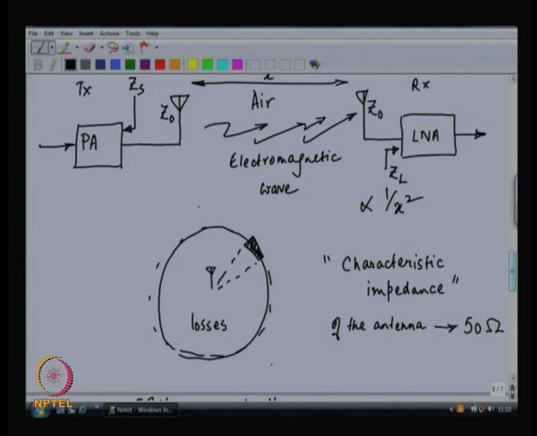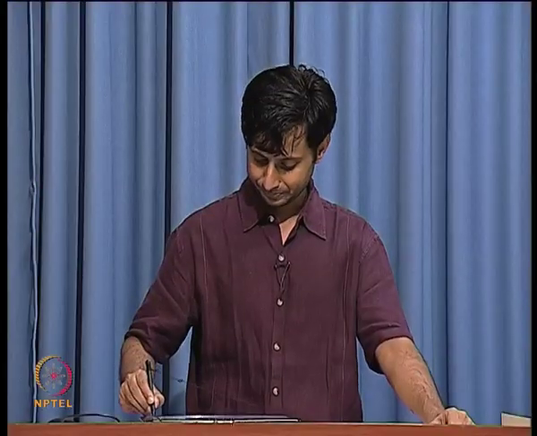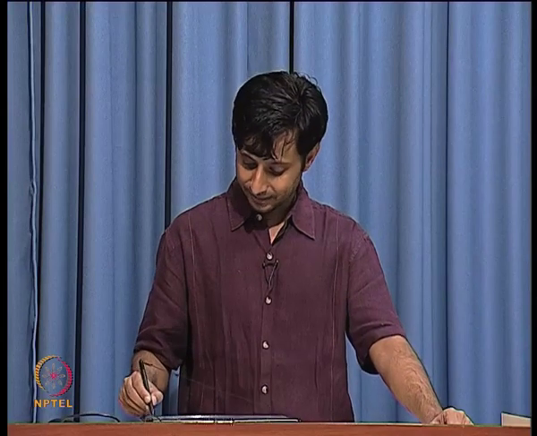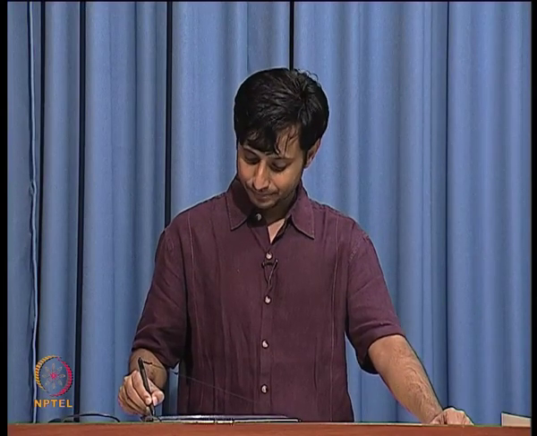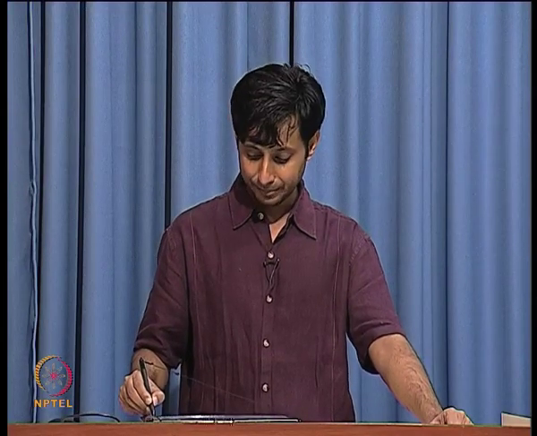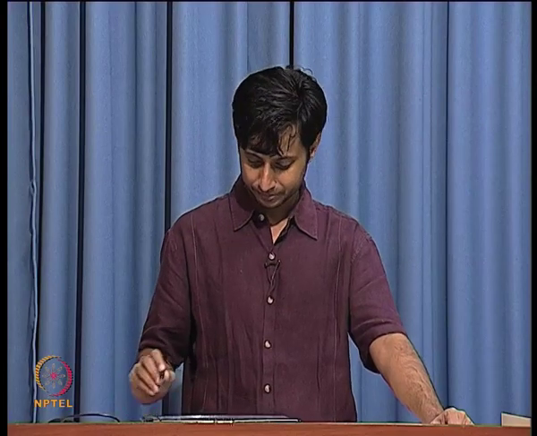You do not want to finish off all the power right in the antenna, you want to use the antenna to capture the power from the atmosphere and hand it off to the rest of the receiver. So, the antenna is not lossy, or rather you do not want it to be lossy, and the characteristic impedance is not a resistance.